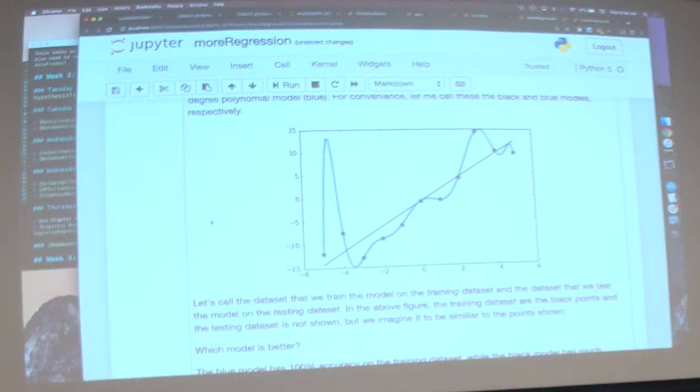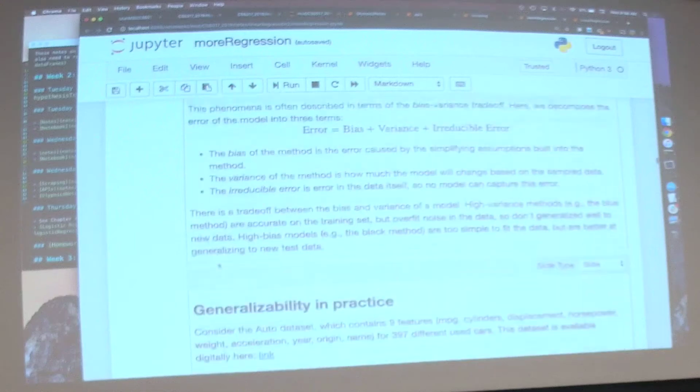On our training set, we have 0 error. We go through every point exactly, but obviously the blue curve is not the least bit useful for making predictions, right? The fact that going from this point to that point takes you up here is useless. It tells you nothing important.